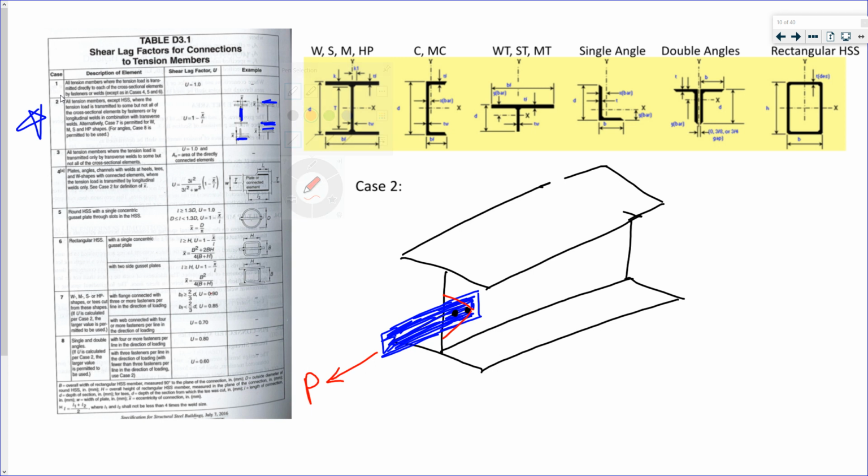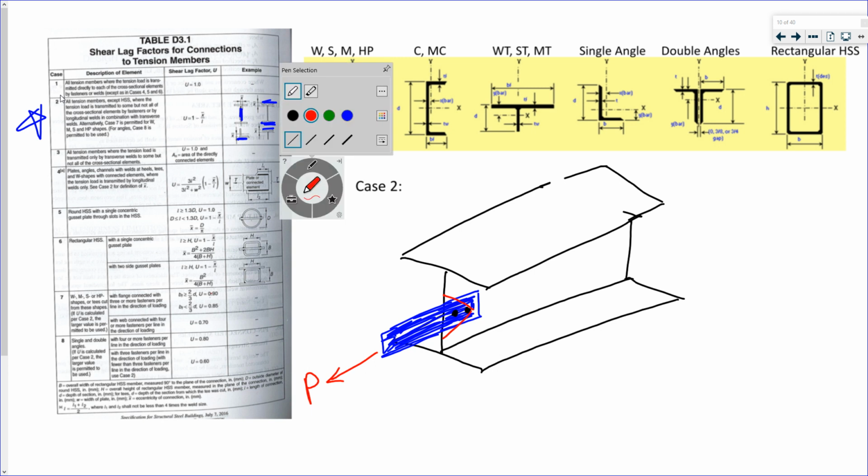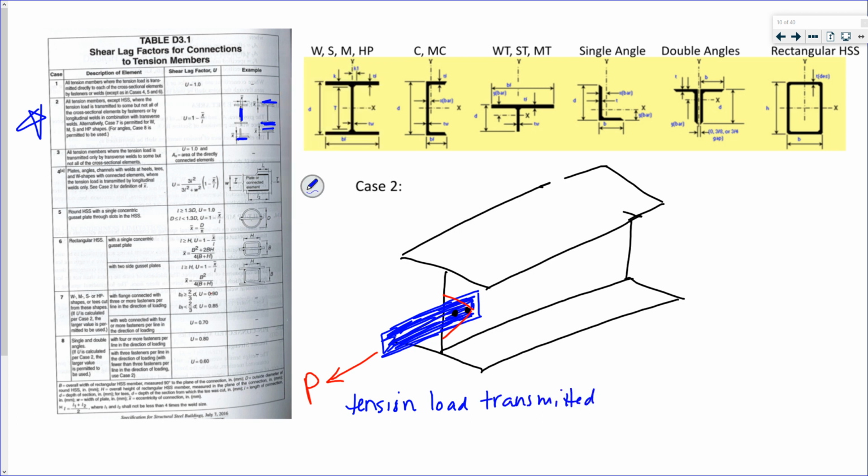So this is what it means by tension load transmitted by some but not all.